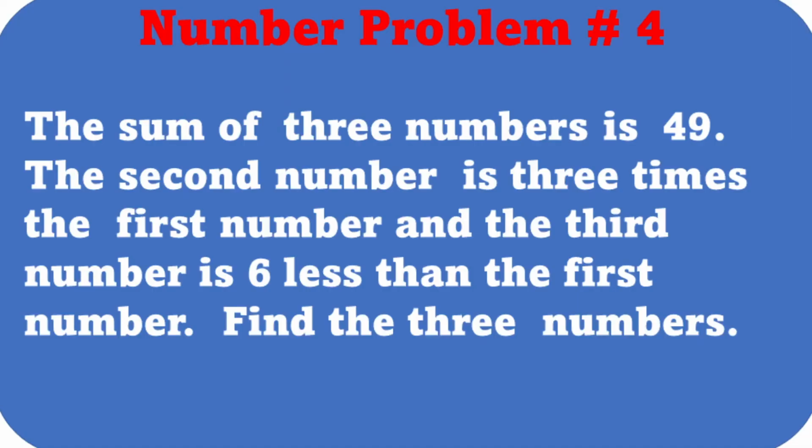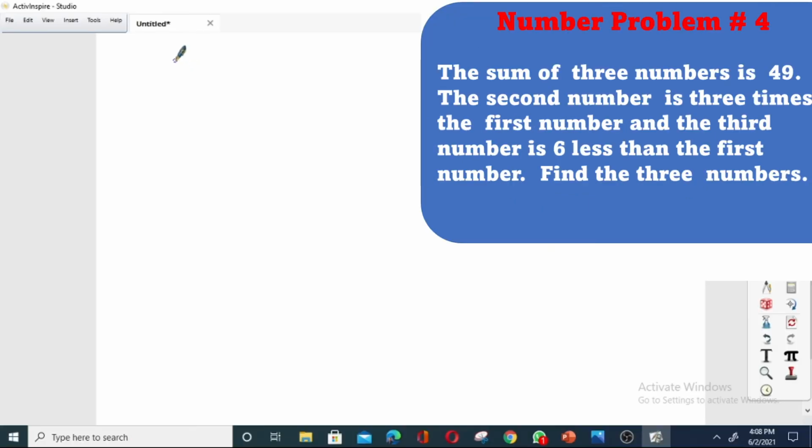This is a number problem. So from the given, it's already mentioned the name of the unknown numbers. We have the first number. It was mentioned already.